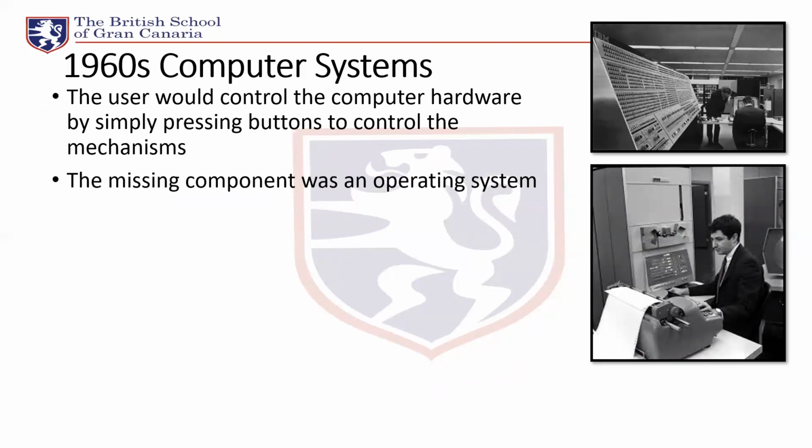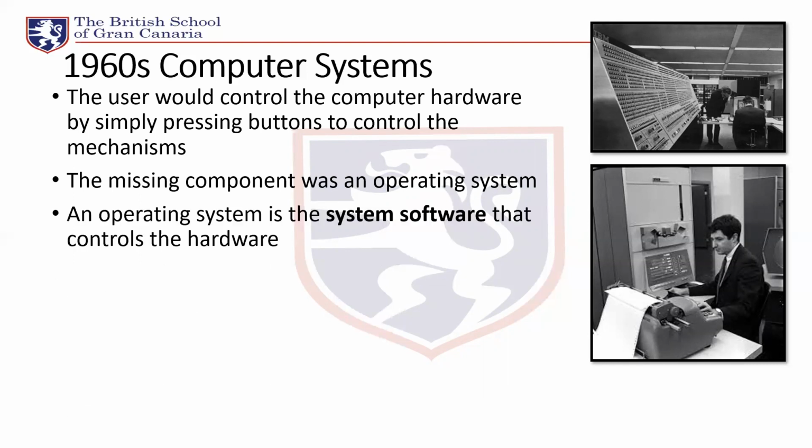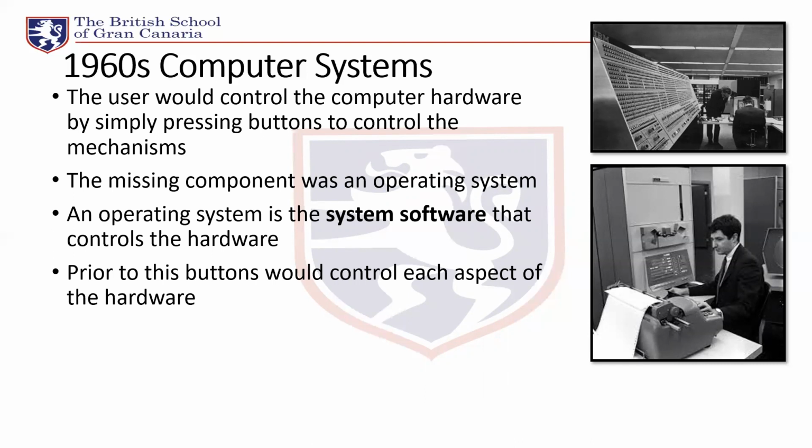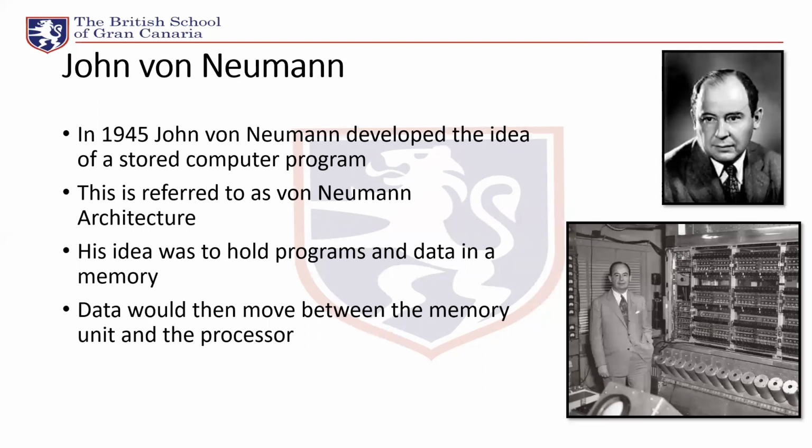Now, the missing component obviously was an operating system. So there was no Windows, no iOS, no Android, none of that around. And the operating system is the system software that controls the hardware, but that wasn't the case back then. So prior to this, we would control each aspect of the hardware ourselves.